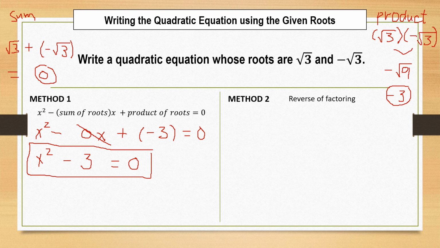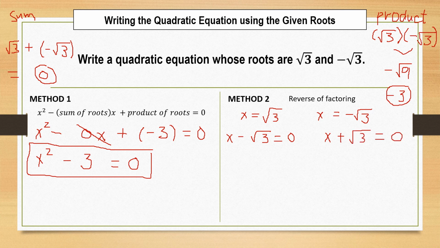Let's have the other method, or the reverse of factoring. x is equal to square root of 3. x is equal to negative square root of 3. x minus square root of 3 is equal to 0. x plus square root of 3 is equal to 0.